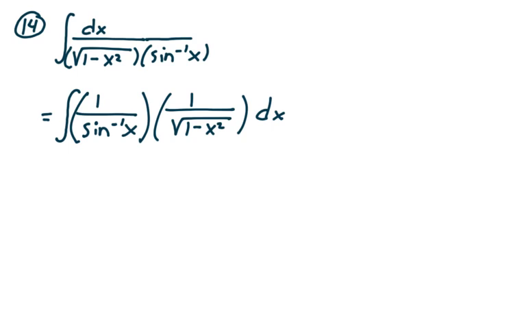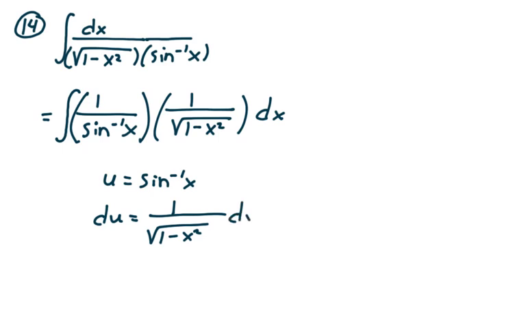If you remember, the derivative of arc sine x with respect to x really is 1 over the square root of 1 minus x squared. So a suitable choice of u would be arc sine x. du is 1 over the square root of 1 minus x squared dx.